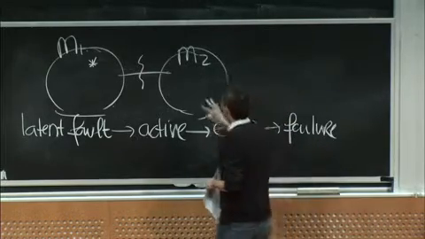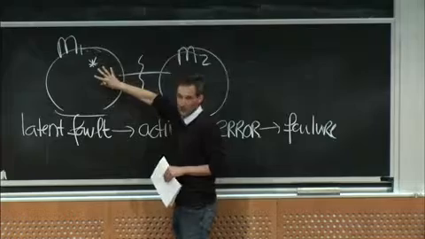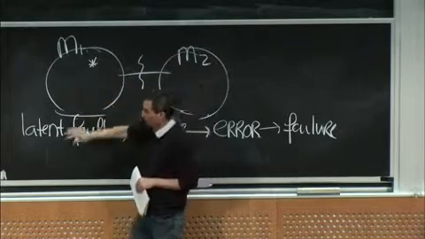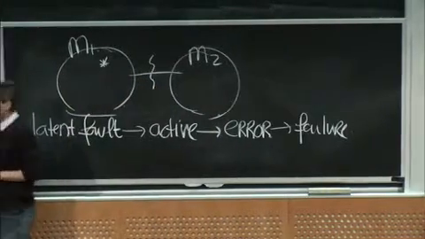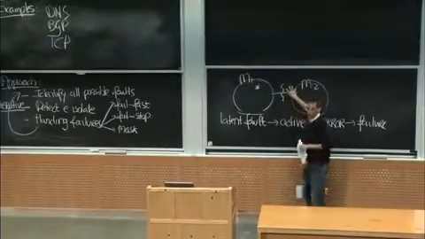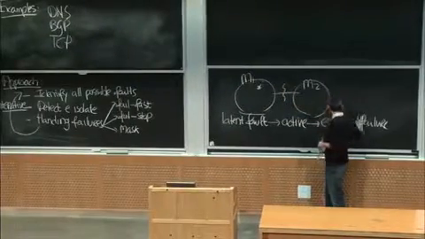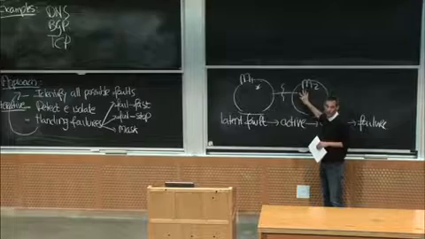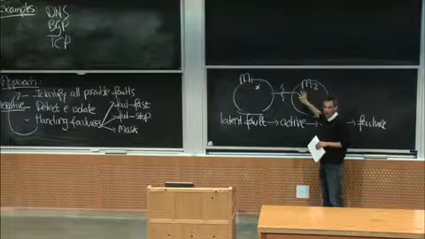If M2 can actually observe this internal error, and that may be because it was a fail fast or fail stop system, then we say the error turns into a failure because it's observable to an outside module.